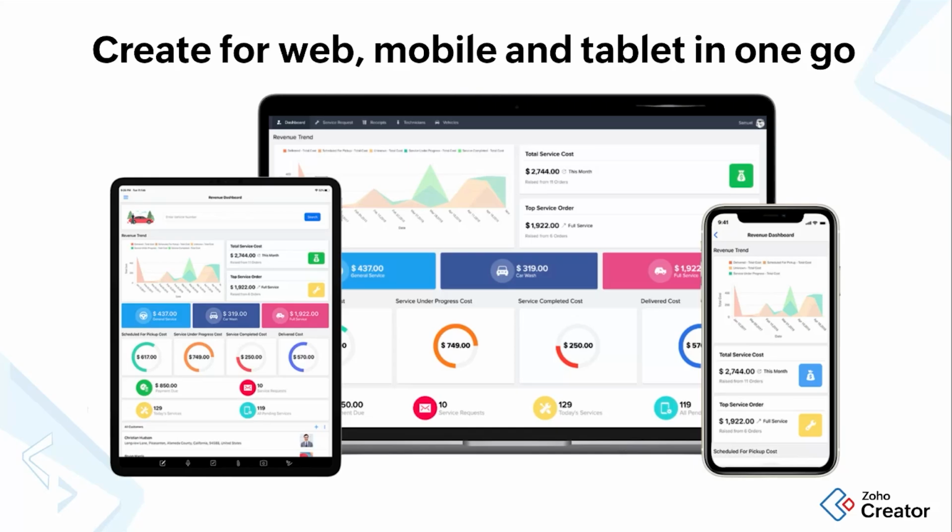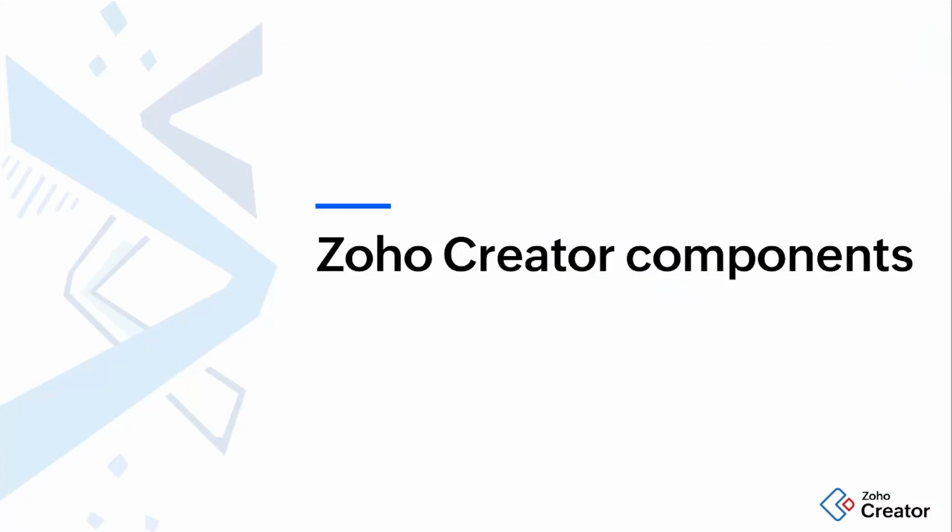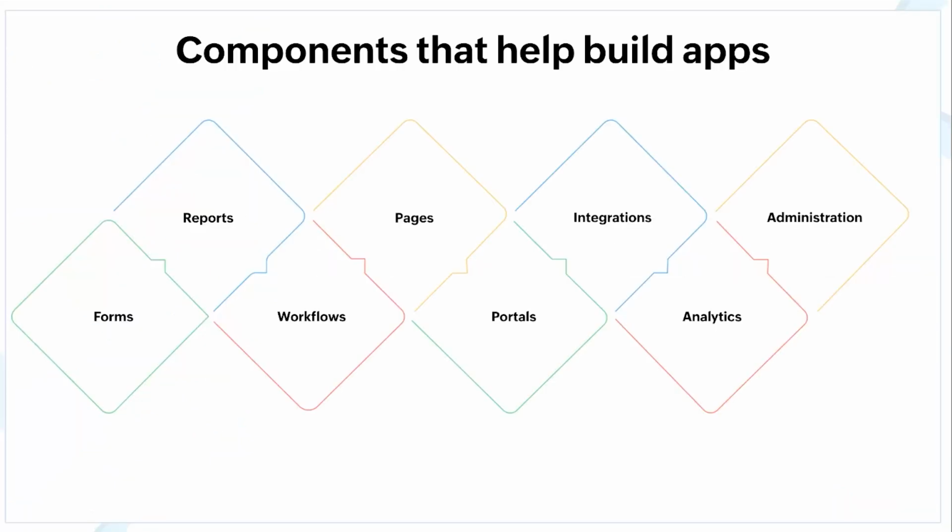Now let's look into the core components that make app building possible in Creator. Forms help you capture data. Reports help you view and analyze the data. Workflows automate processes, reminders, approvals, and integrations.